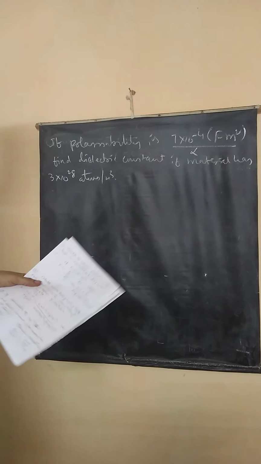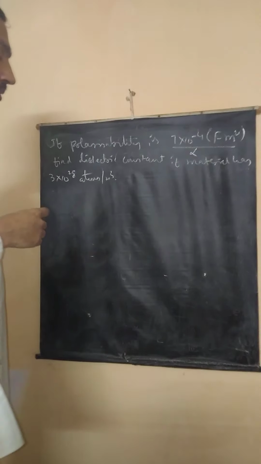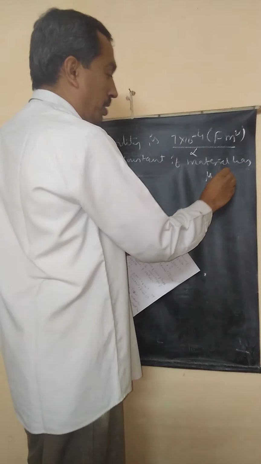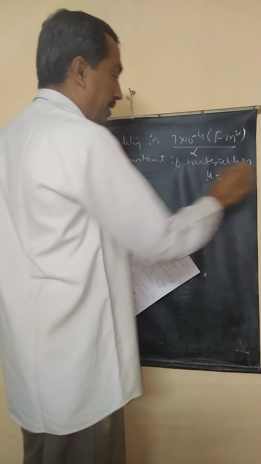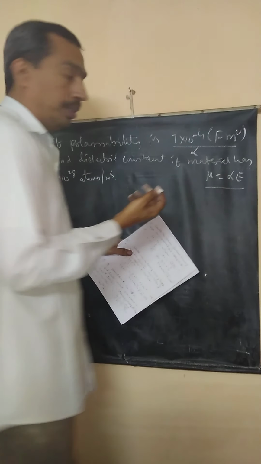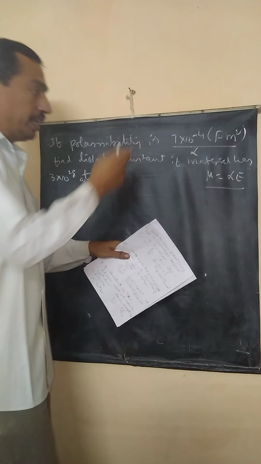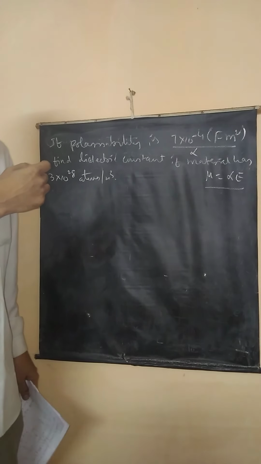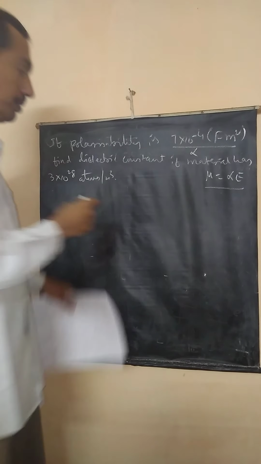Now, can you find out what formula to be used here? Should we use mu, dipole moment, is equal to alpha into E? Electric field is not given, correct? Then which formula? See, they have not mentioned that you should use the Clausius-Mossotti equation.